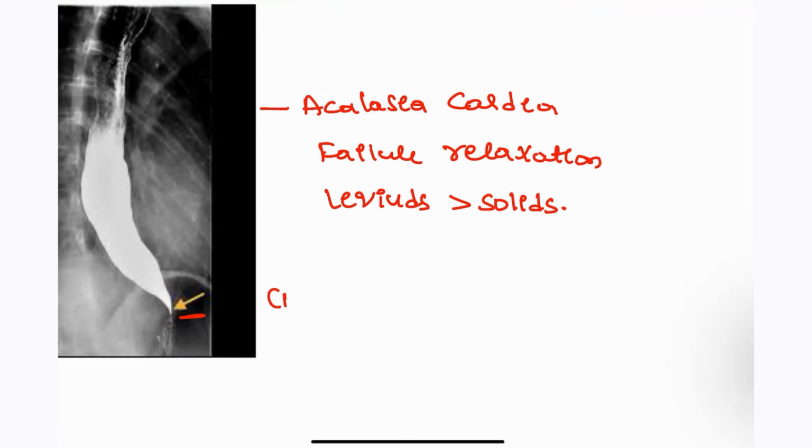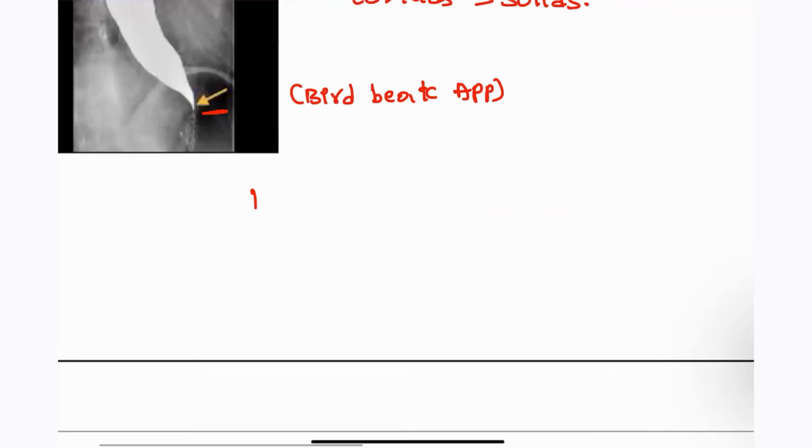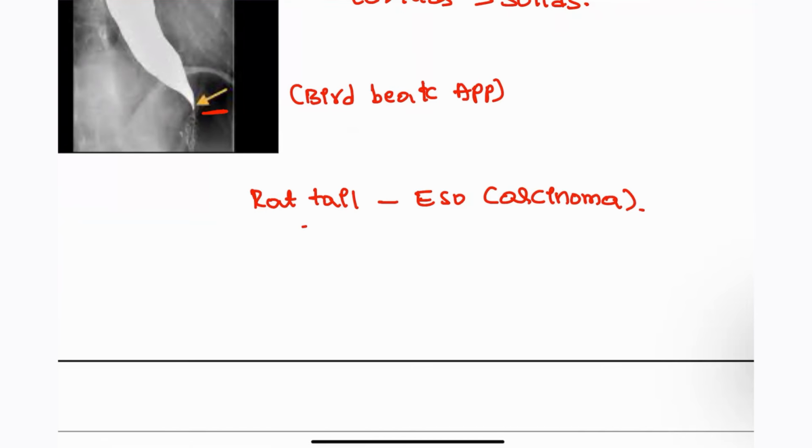This appearance is known as the bird beak appearance. If you see the rat tail, this is esophageal carcinoma. What is the treatment of choice for this patient? Usually we go for balloon dilatation, and if it does not work, then we can go for Heller's myotomy.